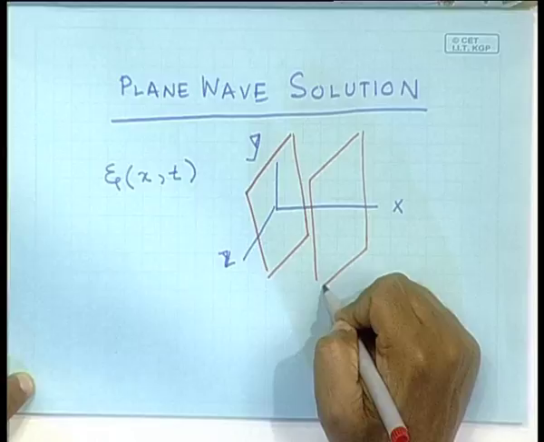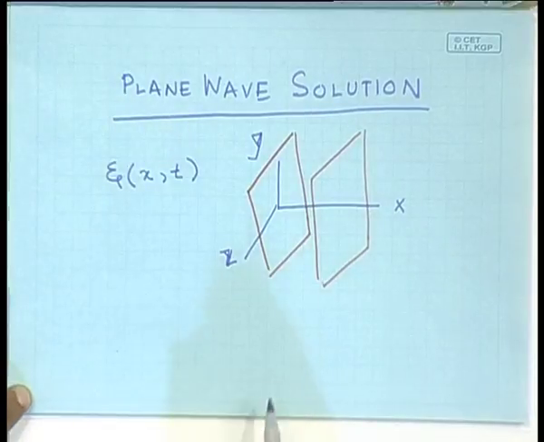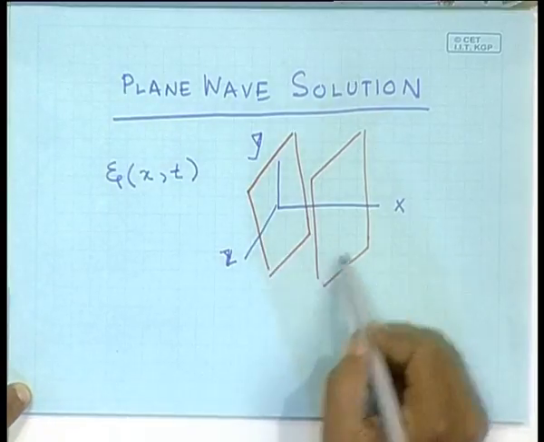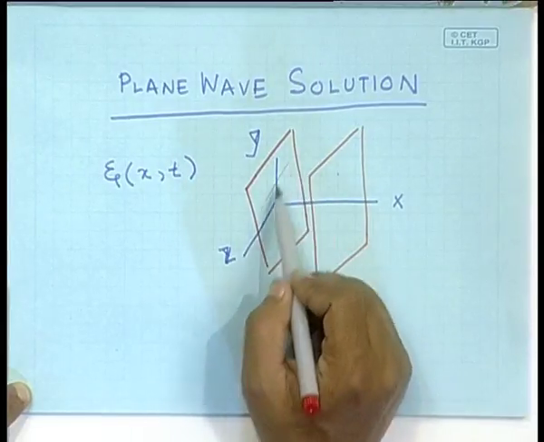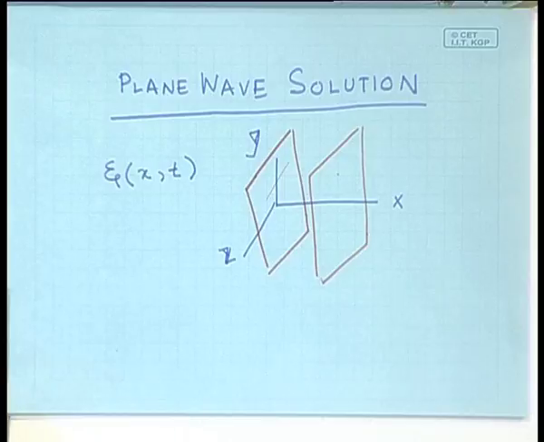So xi, if it is a function of x alone, will be constant on this plane and constant on this plane. The value of xi could be different here, and it will be different on every other plane in between. Since the value of xi is constant on planes, this is referred to as a plane wave solution. That is the first point which you should note.